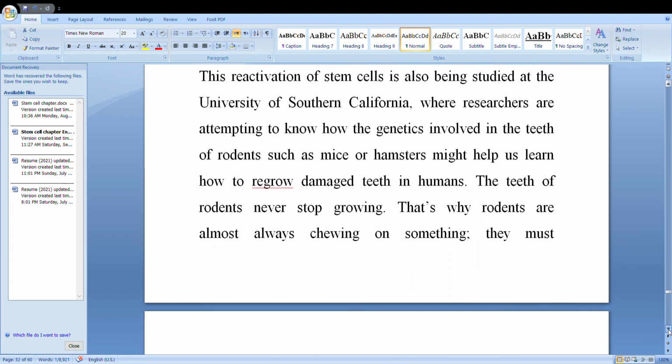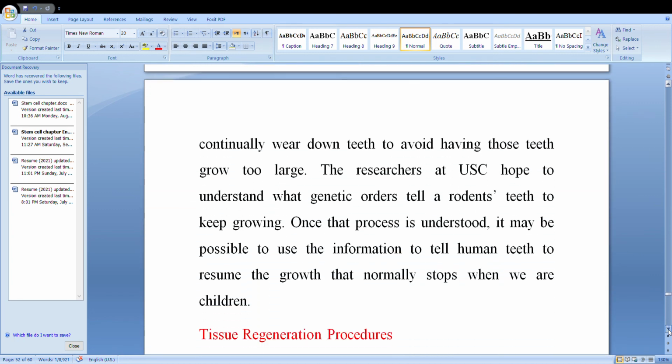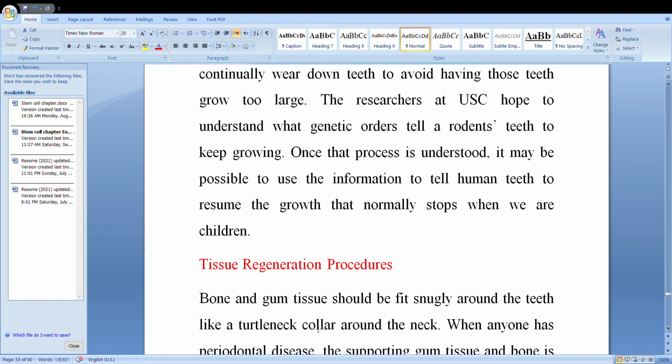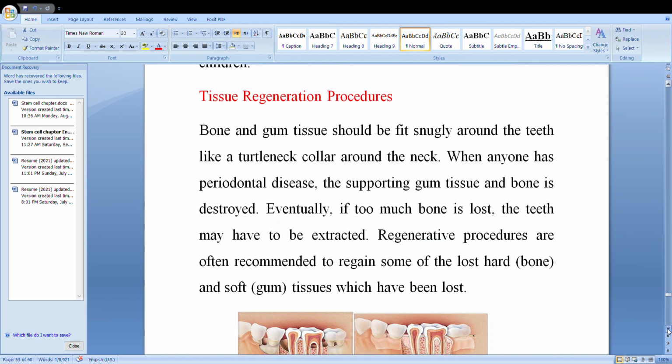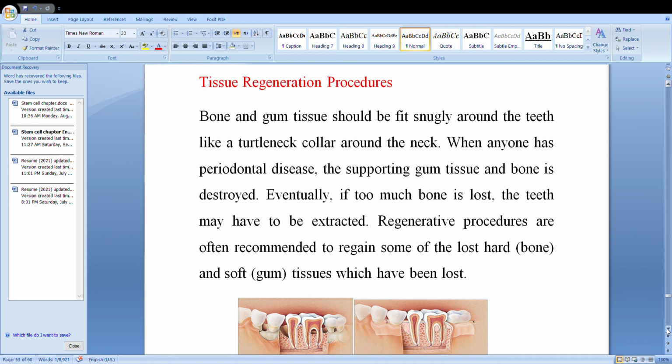They also did this work for dental treatments, a tissue regeneration procedure. Bone and gum tissue should fit snugly around the teeth like a collar around the neck.